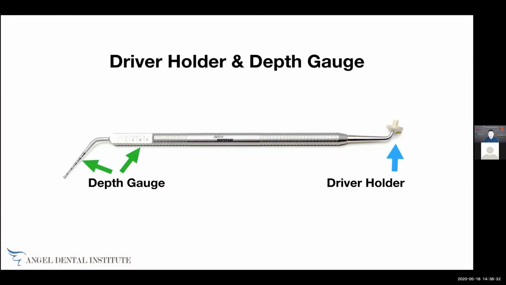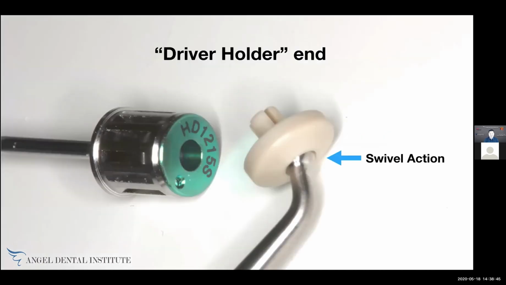Underneath the main compartment, there's a driver holder and a depth gauge all in one, okay? Depth gauge is to the left to measure the depth of the osteotomy, and then to the right is the driver holder. What that is like this. The driver holder end, it's a plastic end that snaps into the hex driver, okay? And there's a swivel. That part is swivel action. It's kind of nice because it holds that position pretty well.